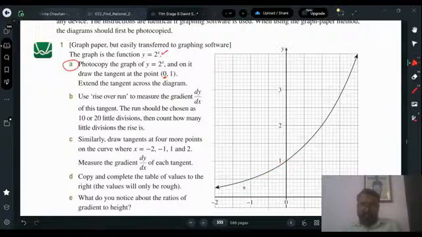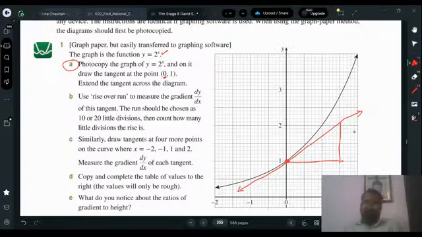Okay, so here this is important. It's a slope. Y differences upon x differences.